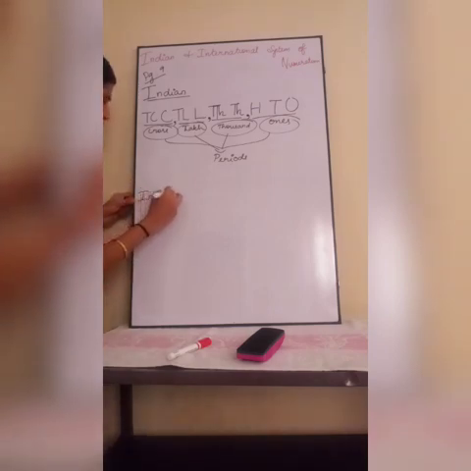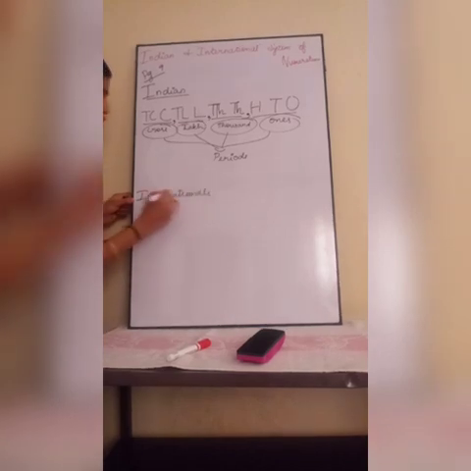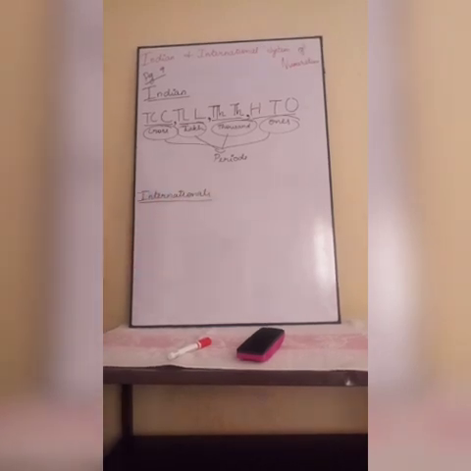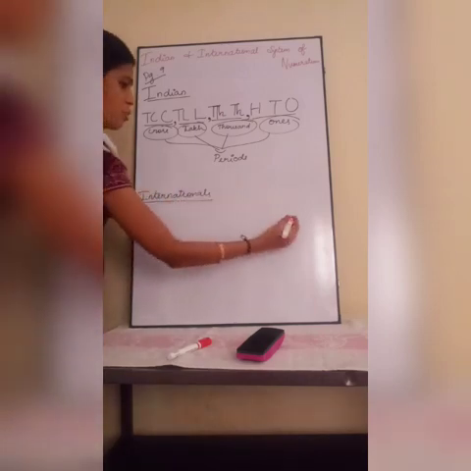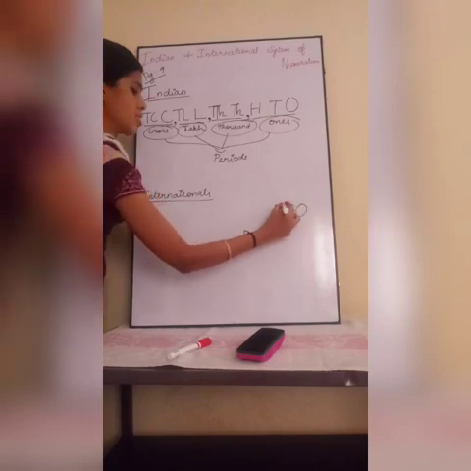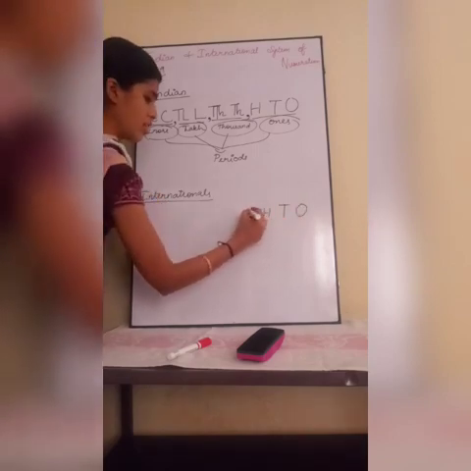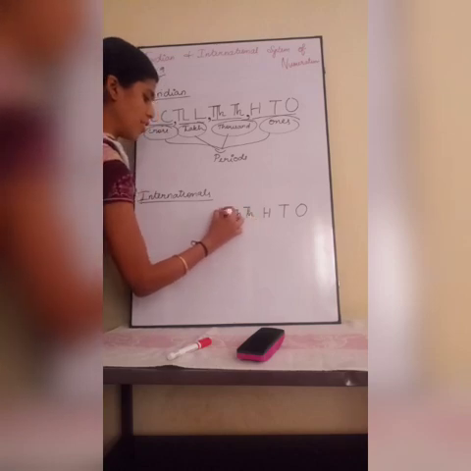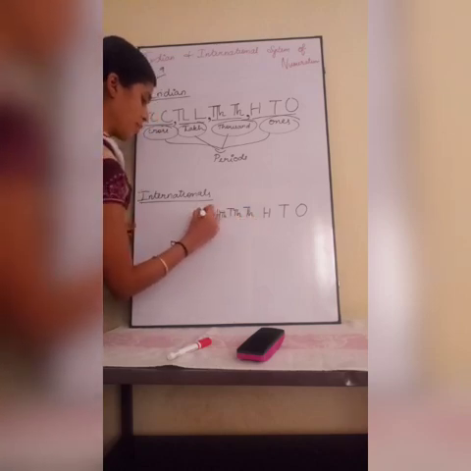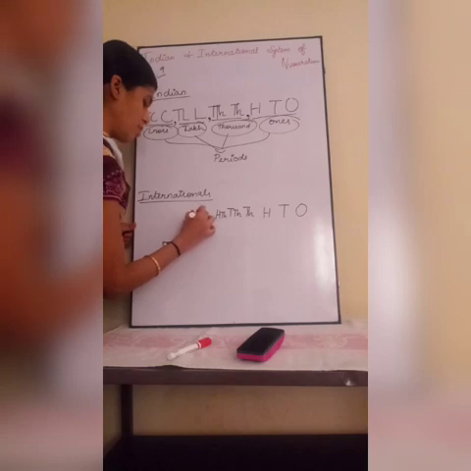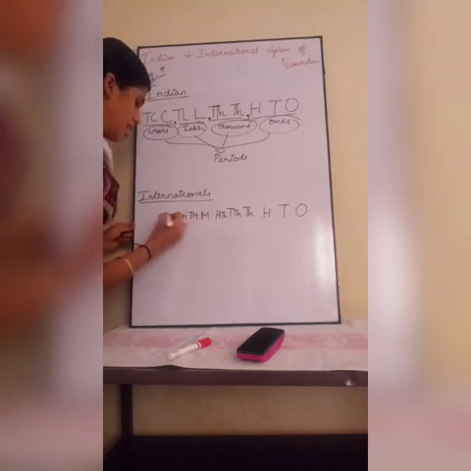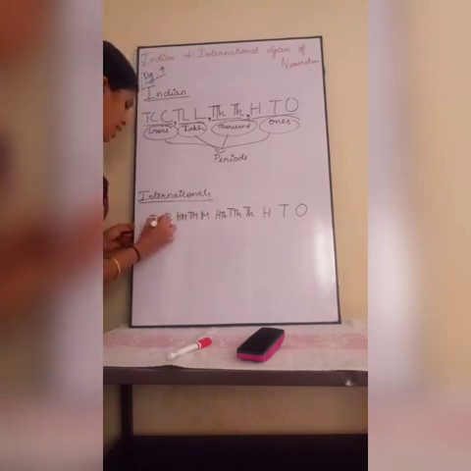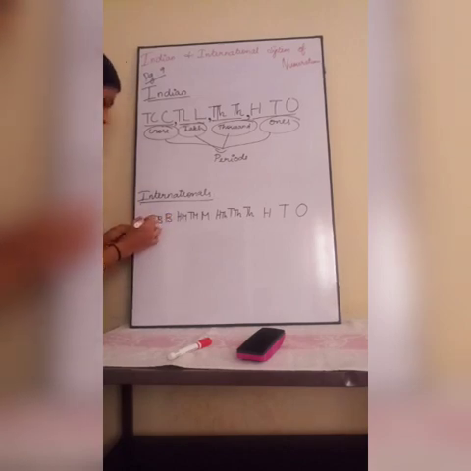So next is our international system. In the international system, a little bit of changes will be there. That's all, no other larger changes. Ones, tens, hundreds, thousand, 10,000, 100,000, million, 10 million, 100 million, billion, 10 billion, 100 billion.